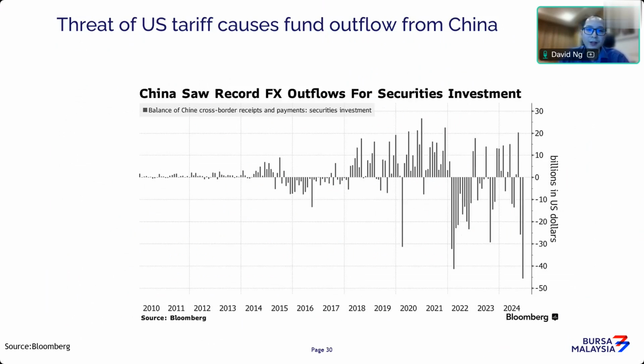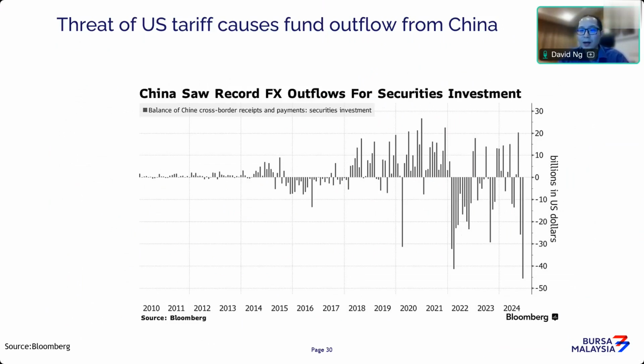Now, I think China is struggling in its own economy. If you look at the forex flows from China itself, they recorded a lot of outflows. It's telling you that people are moving assets away, I think in preparation for tariffs. When the US starts to implement tariffs, a lot of China's foreign holders start to sell China and repatriate their money back into the US market as a way to counter the tariff move.